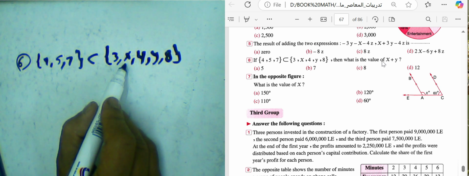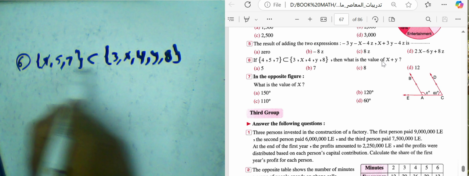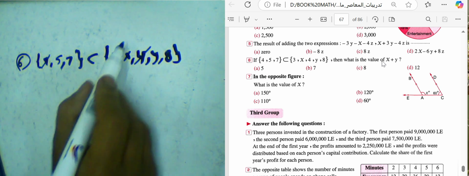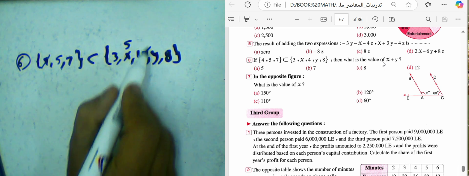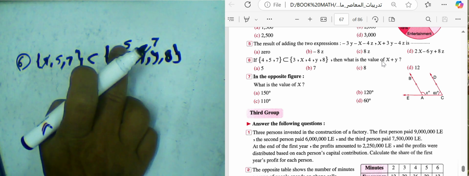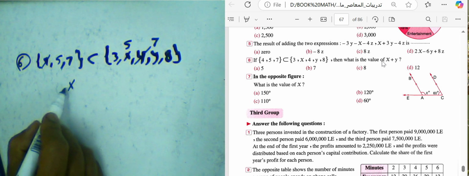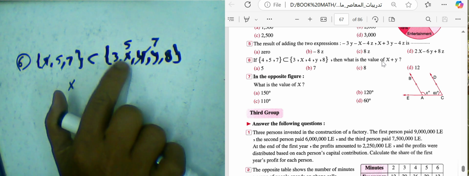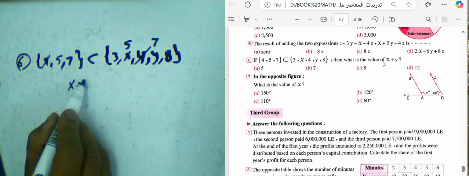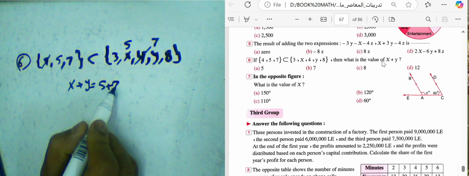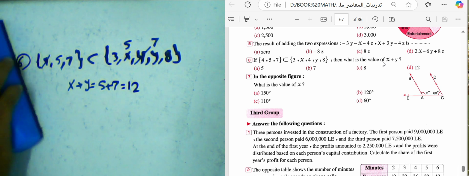Look at here, we have x and y. 4 here, then x will be 5 and y 7, or y equals 5 and x equals 7. So we can add 5 plus 7, the sum of them will be 12.